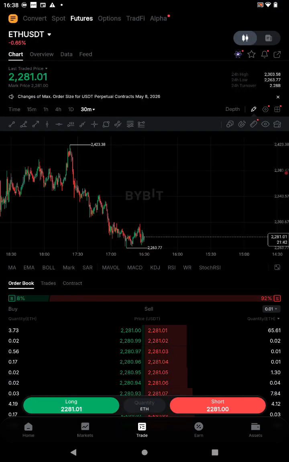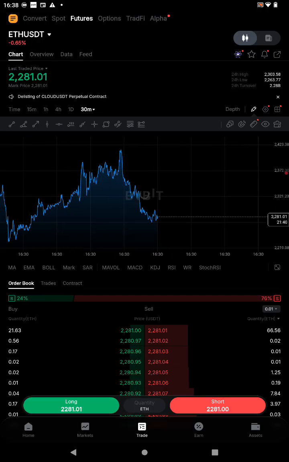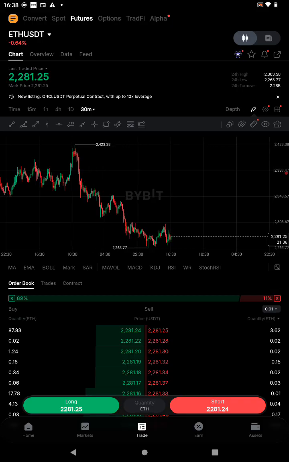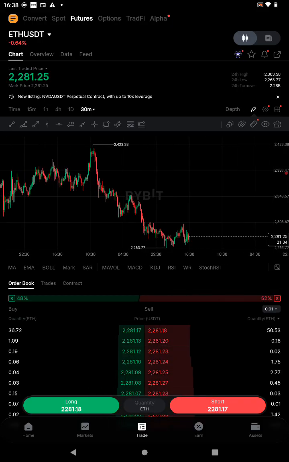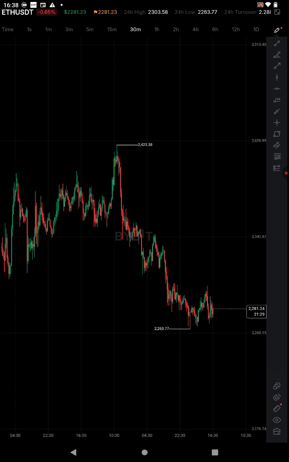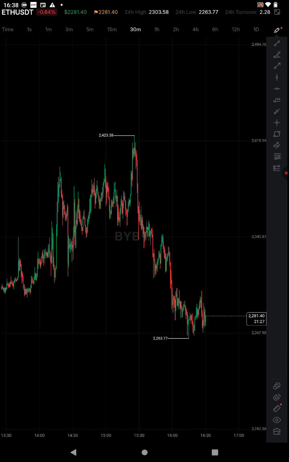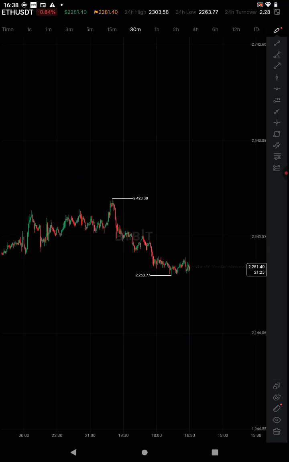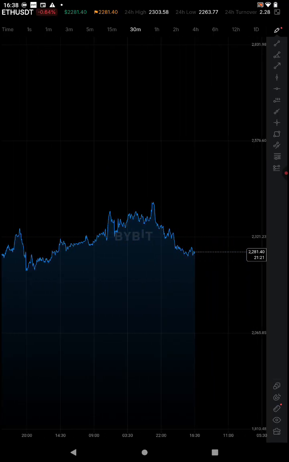Let's say Ethereum, for example. Now, looking at this trend, let me make this bigger. Where are we currently? For Ethereum, this is looking more like a downtrend, right? Looking like a downtrend.